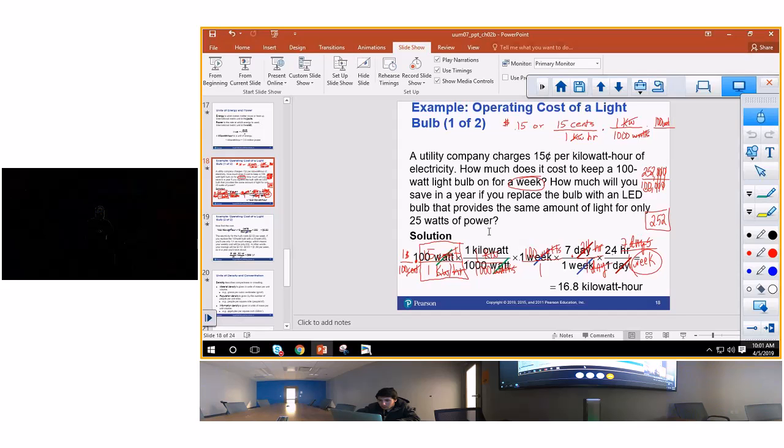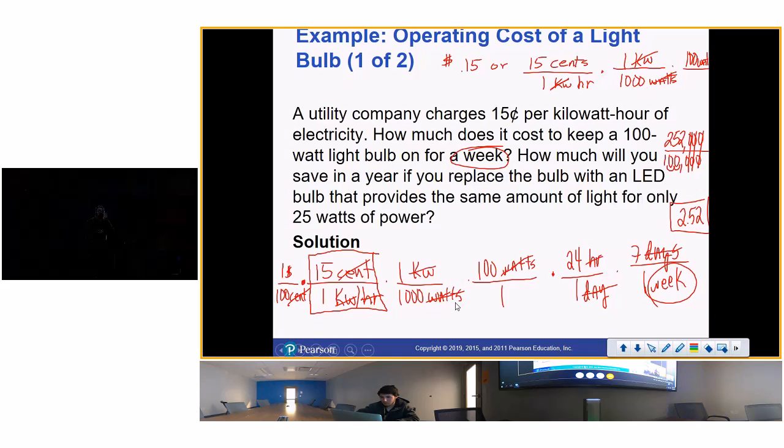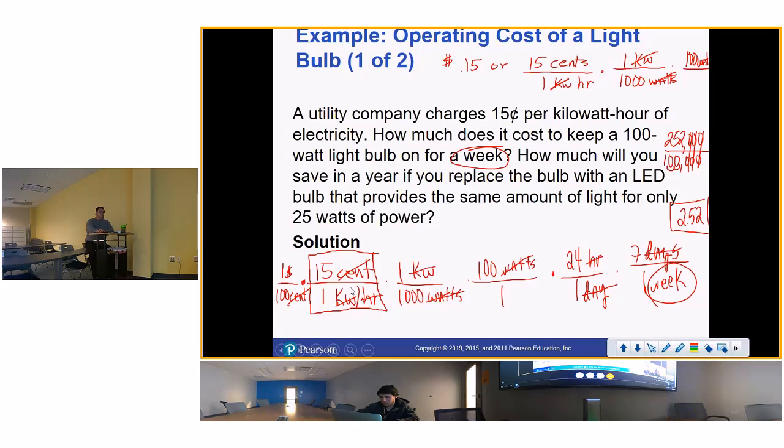So let's do that. 25 watts of power. Let's just go up here and change this, right? So let's change that, and I'm going to change it to blue.